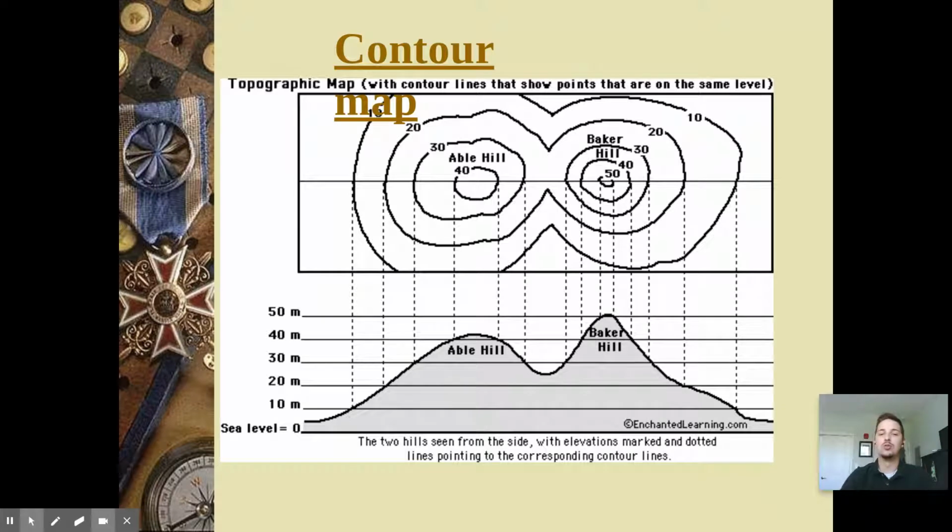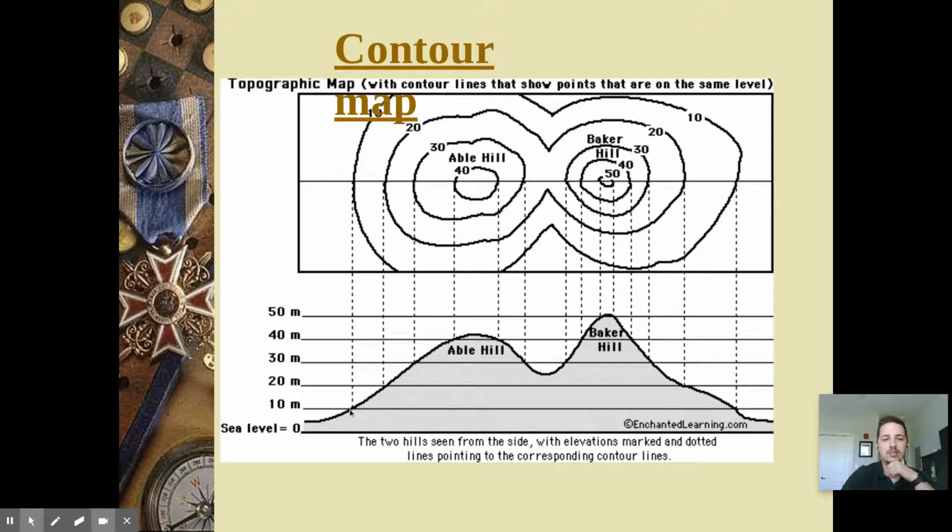A contour map. This is kind of cool. This was used a lot in the military, especially 50, 60, 70 years ago. They still use it in the military now, but a lot of things are digital. So if you were in an area and you needed to tell what was a hill and what wasn't, this is what you would use. So you can see 10, 20, 30, 40.